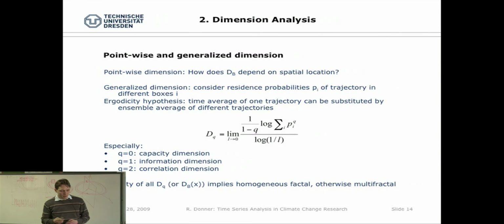If q becomes close to 0, the actual probabilities do not matter so much. What matters is just whether or not you find your object in a specific box.